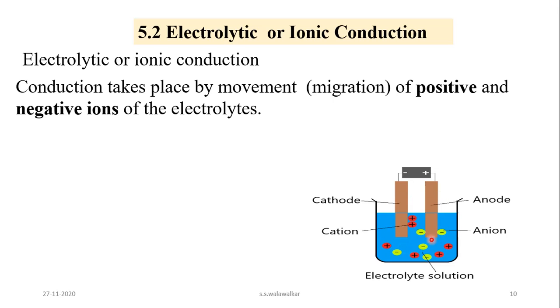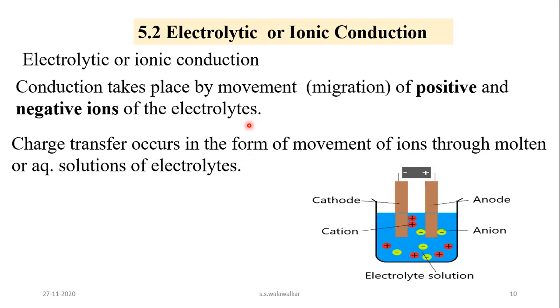So like this, electrolytes conduct electricity by the movement of positive and negative ions. Charge transfer occurs in the form of movement of ions through the molten or aqueous solutions of electrolyte.